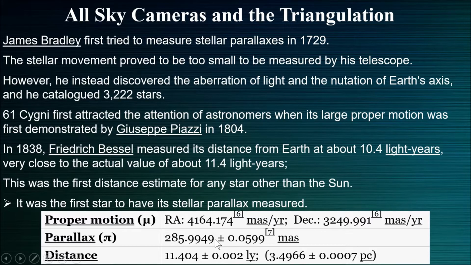A very small angle, which explains, of course, why parallax wasn't measured accurately before this time. And this comes out to a distance of 11.4 light years, or 3.49 parsecs. The parsec, of course, is defined by the parallax as a result of the distance across the Earth's orbit.